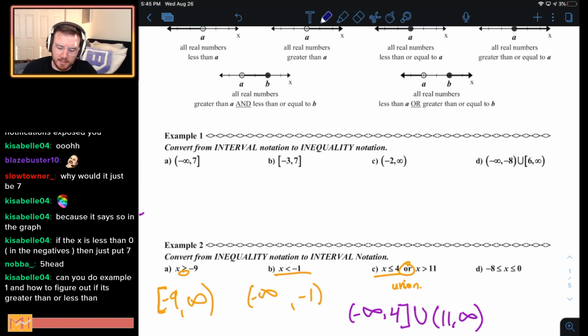So when I look at this, negative infinity all the way up until 7. So in other words, everything smaller than 7. Everything less than 7. Because the numbers are getting smaller to negative infinity. But it's a bracket, so it's less than or equal to, because bracket means included. And if you want to include something, that means it's equal.